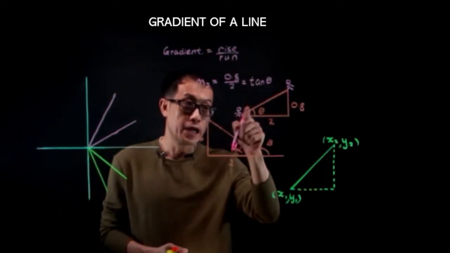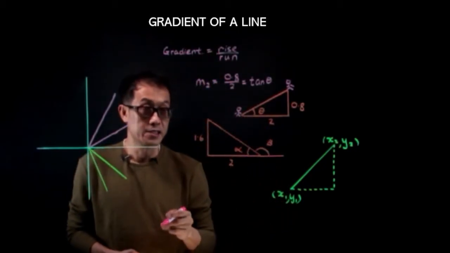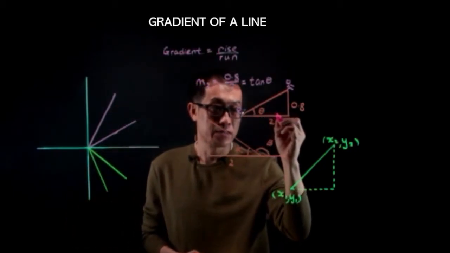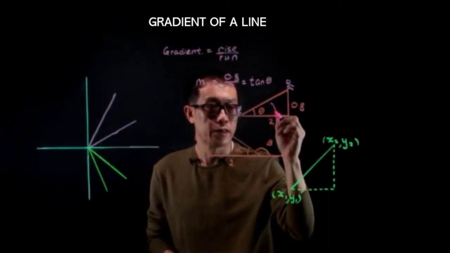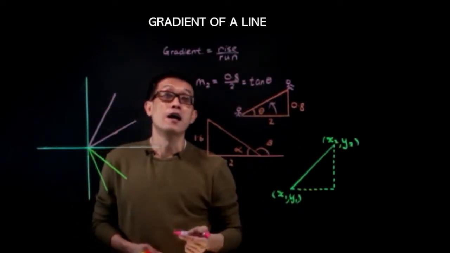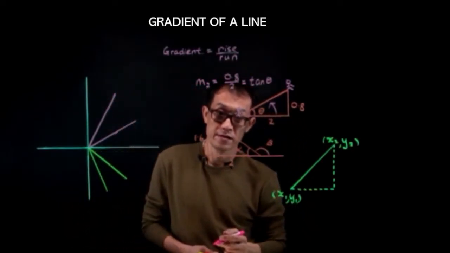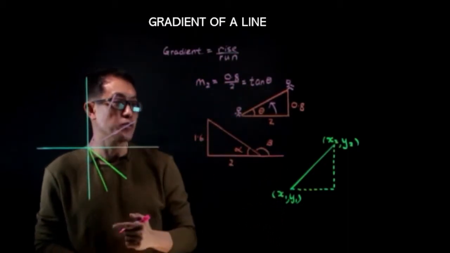So it is the line that makes an angle with the positive x-axis, and your angle has to be measured in this direction, which is counterclockwise.